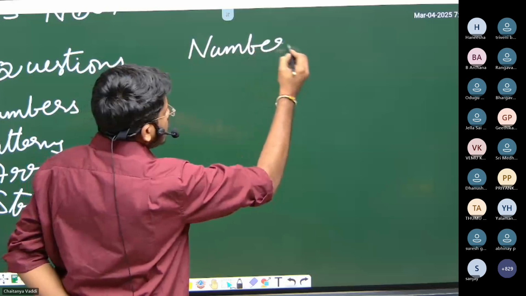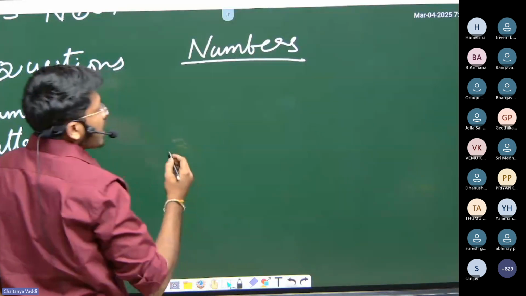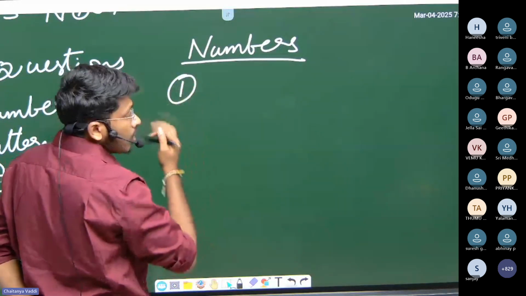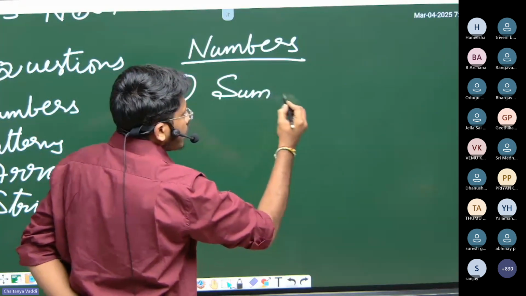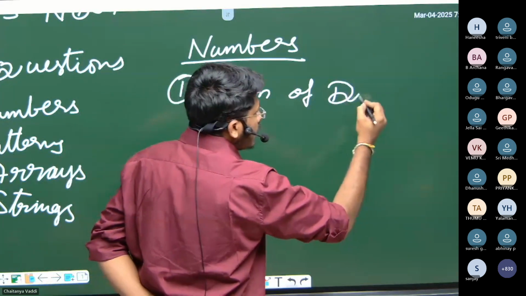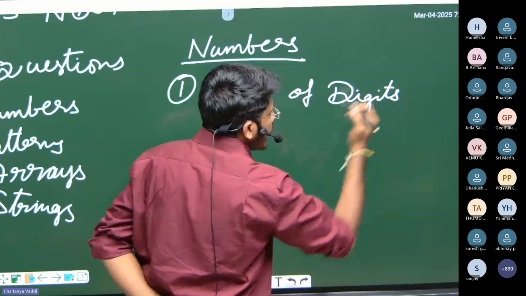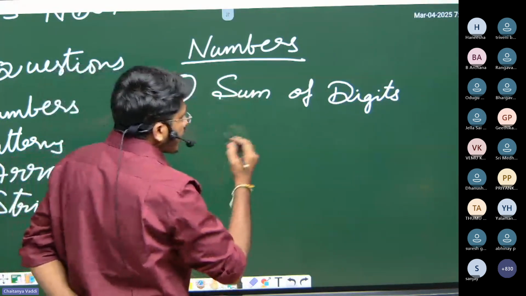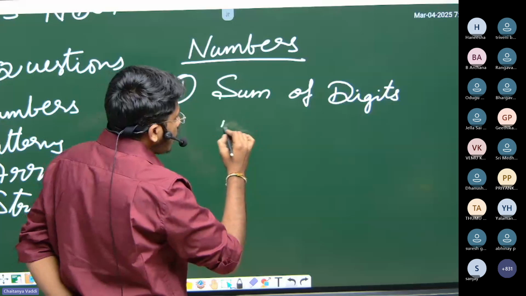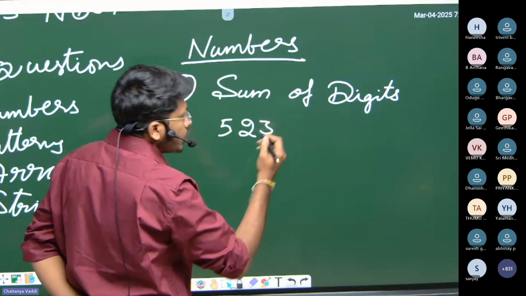Numbers. Previously asked questions are like sum of the digits in a given number, right? For example, let's assume that 523 is the user given number.